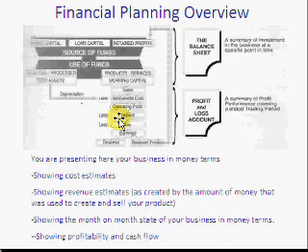Under this plan, it should show your cost estimates, the revenue estimates as created by the amount of money that was used to create and sell your product. It should also show the month-on-month state of your business in money terms, showing profitability and cash flow.